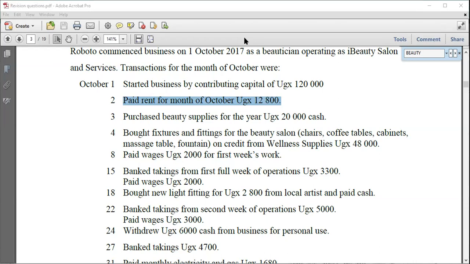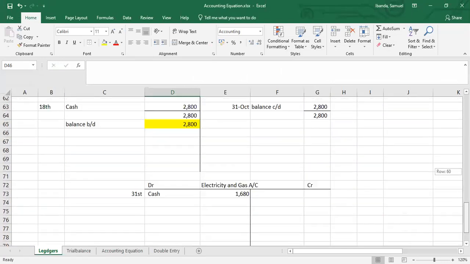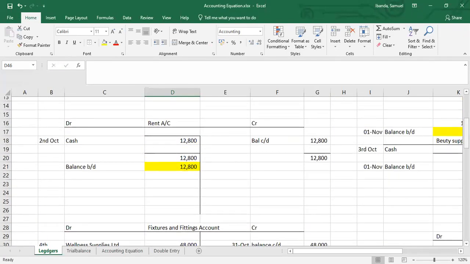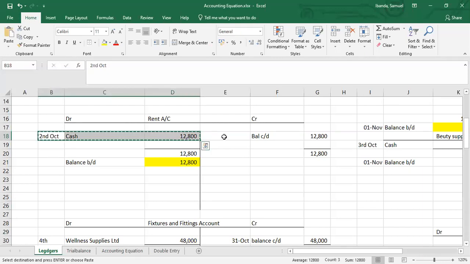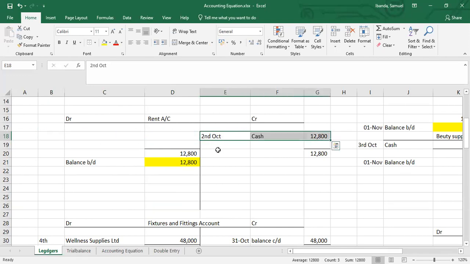So what will happen within your ledgers here, just to demonstrate to you, where's my rent account? So instead of putting it here, you come and put it on the credit side. So you have this. You come and put it on this side.